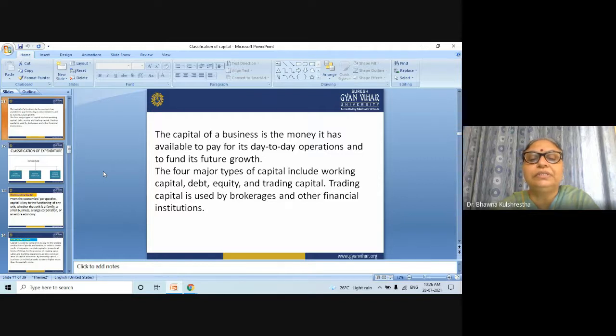Trading capital is used by brokerages and other financial institutions. Any debt capital is offset by a debt liability on the balance sheet.